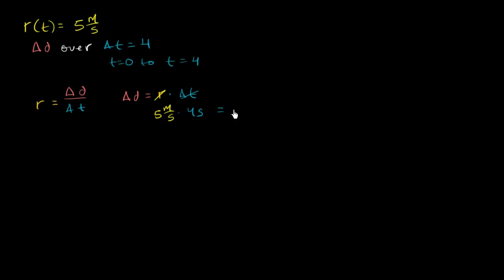Let me do that same color that I had for the change in distance. That's going to be 20, and then the seconds cancel with seconds, 20 meters. So my total change in distance over those 4 seconds is going to be 20 meters. Nothing new here, nothing too fancy.